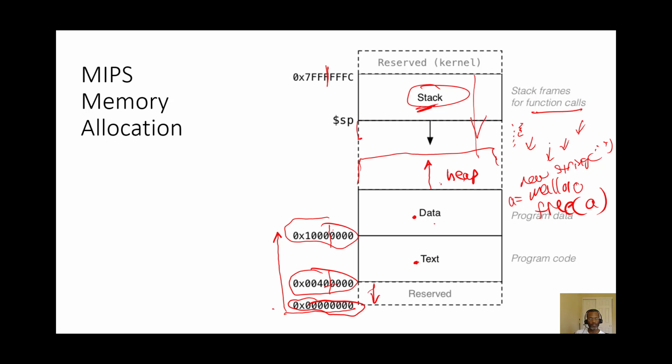We've had that discussion in another part of this class. So memory is reserved into these components: text, data, heap, and stack, and then some lower level key components are down there.